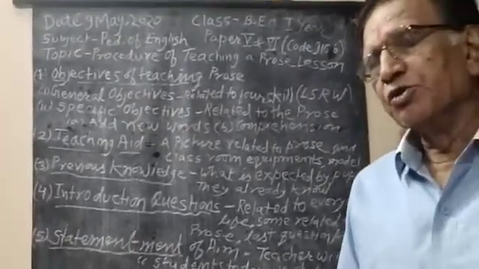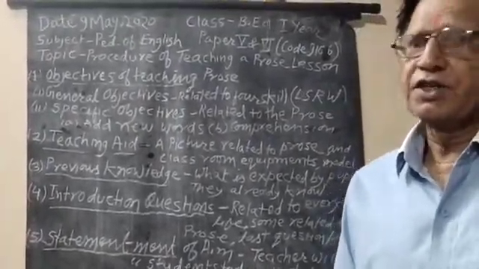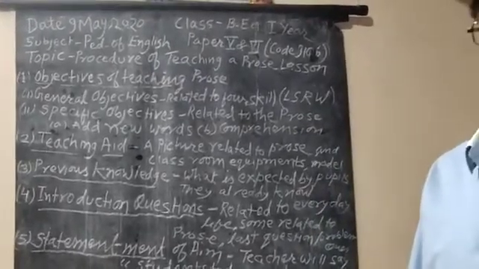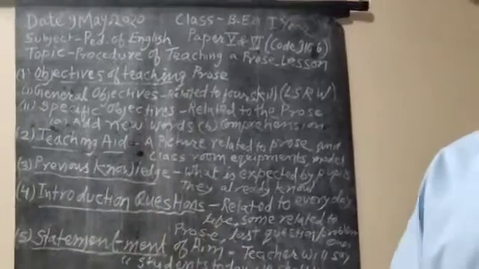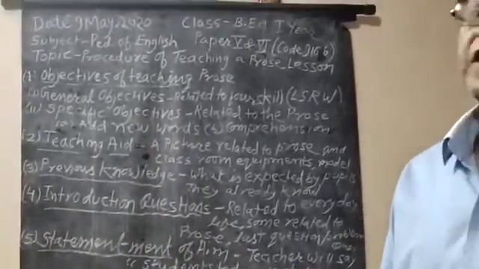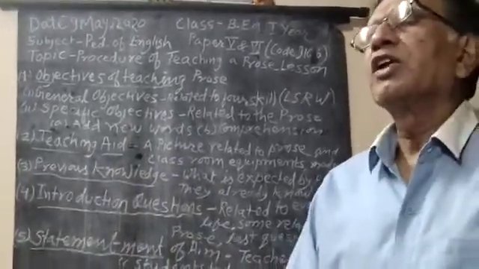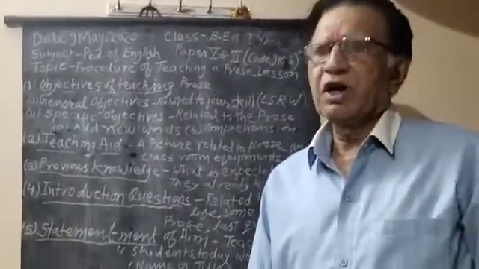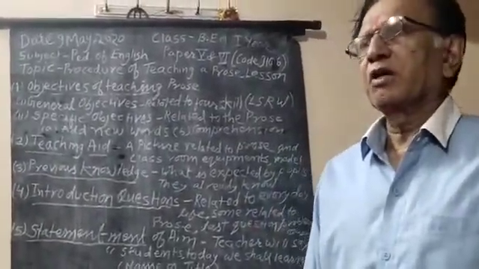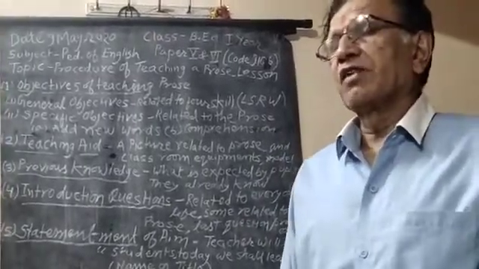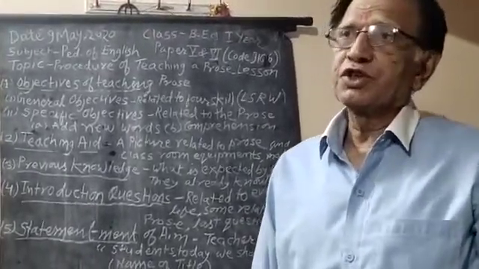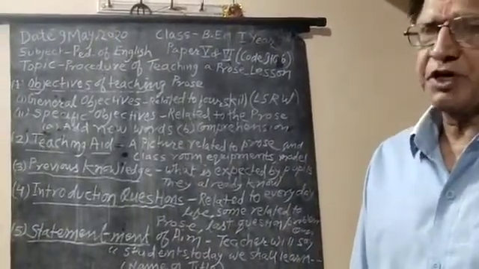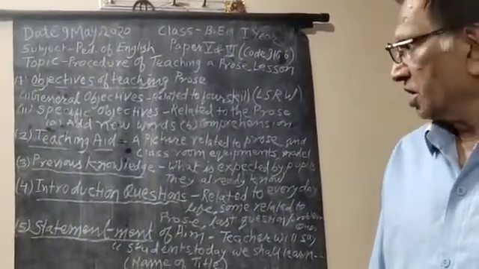They knew some words in English like this. We write in the previous knowledge, or they have read about something related to the lesson. If you are teaching about Rana Pratap, then the students have learnt about some kings in this way. These are the previous knowledge which are expected from the students.